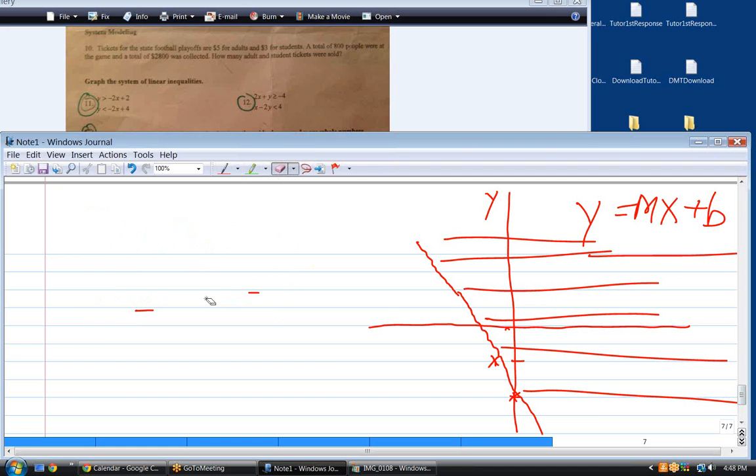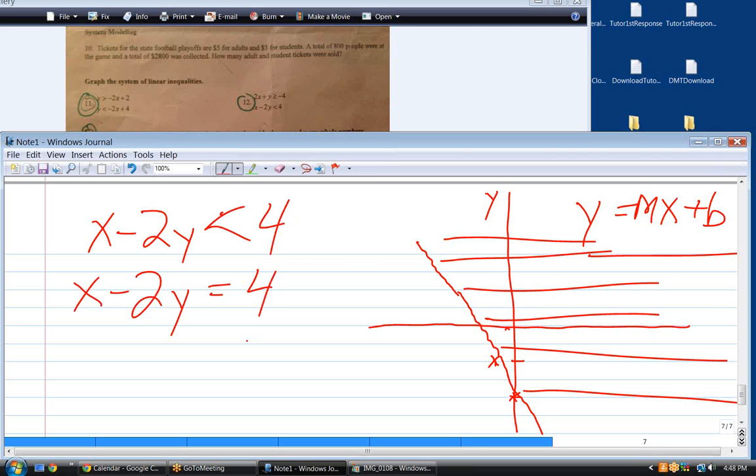Now let's look at the second inequality, which is x minus 2y is less than 4. Well, let's try to turn that into an equation so we can graph it. How do I turn this into y equals mx plus b? You would add 2y to each side? Well, our goal is to isolate the y. How about we move the x to the other side? Yeah. So 2y is going to be equal to minus x plus 4.